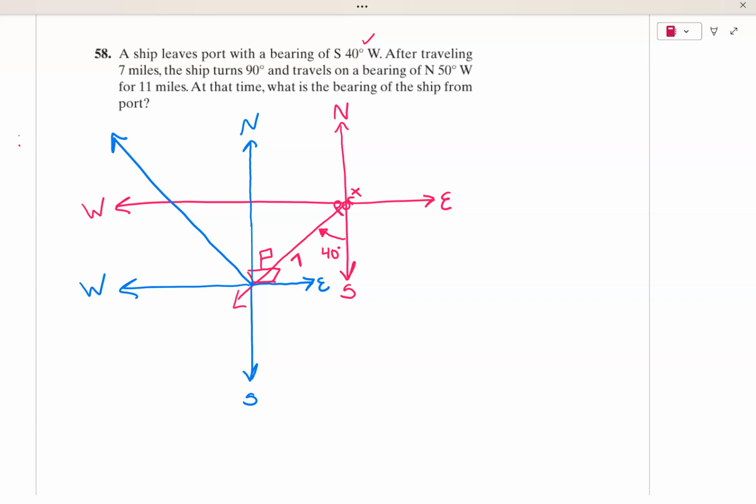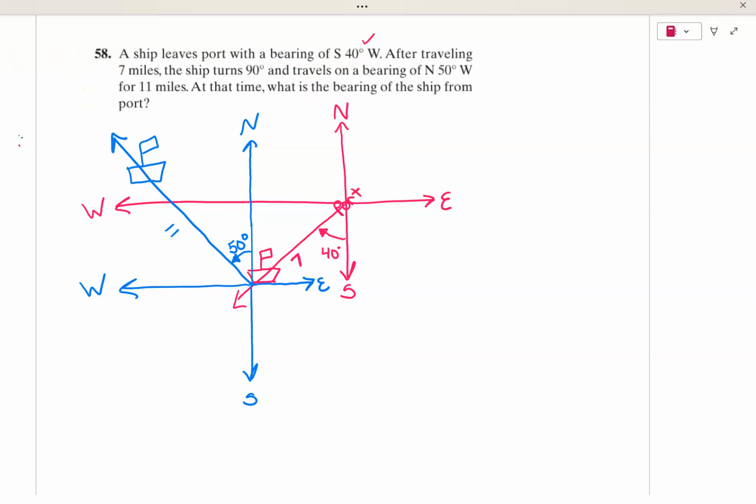And travels 50 north, so this means this is 50 degrees, and it travels for 11 miles. Okay. At that time, what is the bearing of the ship from the port?